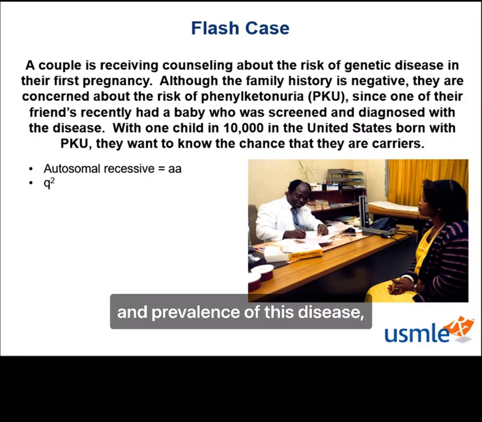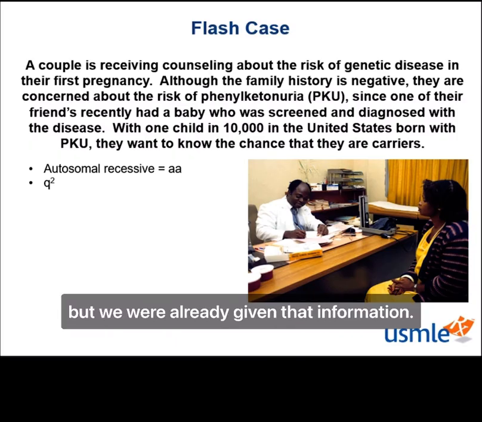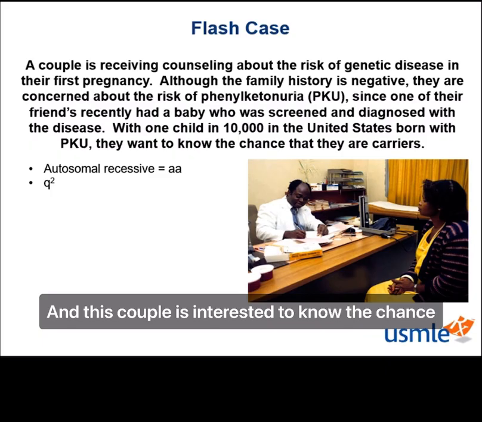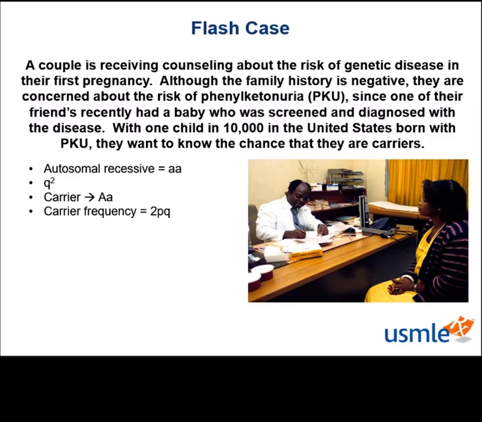And the prevalence of this disease, so someone who has 2 little a's, is 1 in 10,000. That's nice and all, but we were already given that information, and this couple is interested to know the chance that they are carriers. A carrier is big A, little a, and a carrier frequency would be 2PQ.